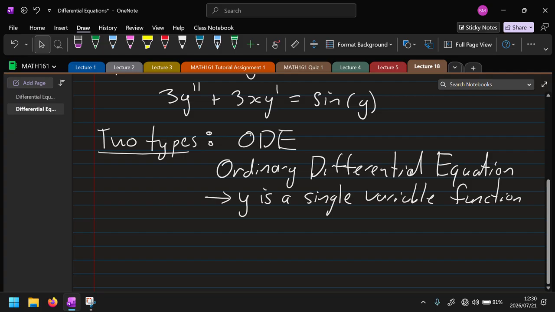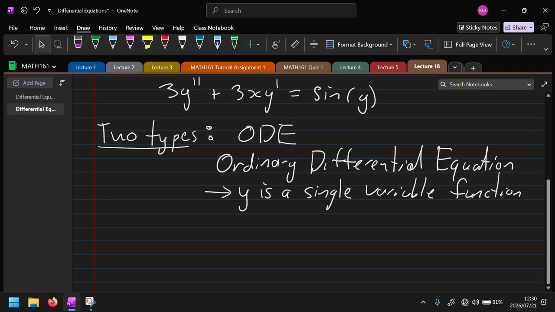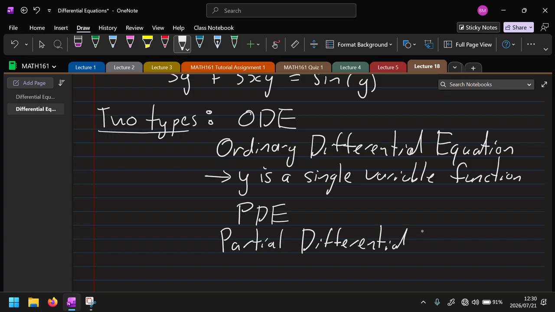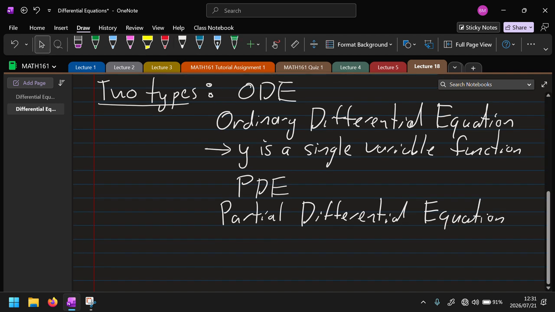And then on the other side, we have a PDE. This is a partial differential equation. Okay, so here the function is not a single variable function, it is a multi-variable function.